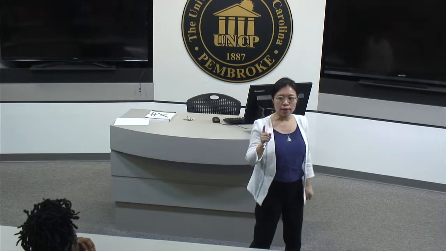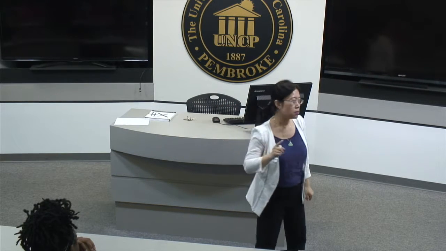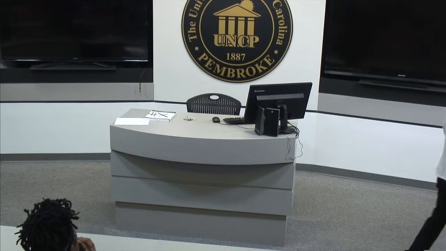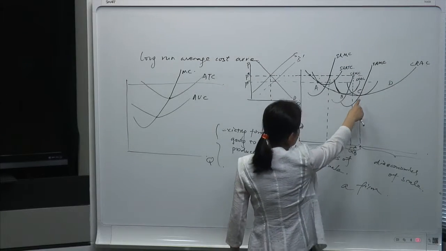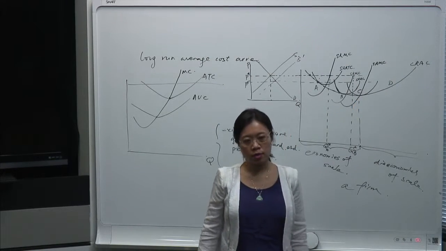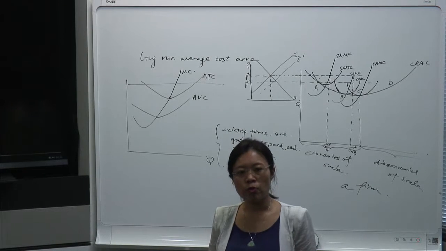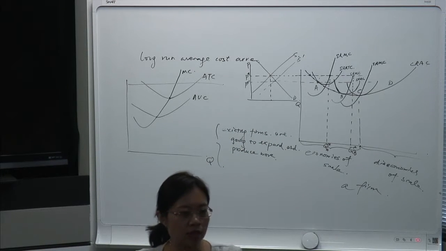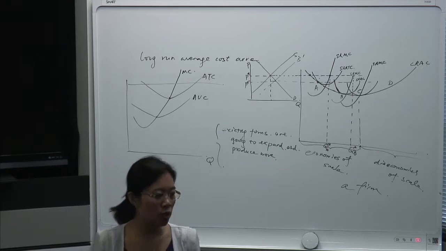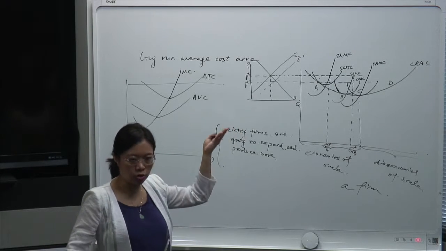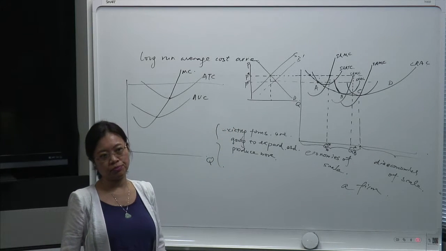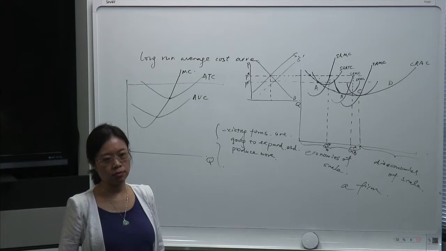But as long as the firm still has not reached this scale C, the firm will keep expanding because every time it expands, what happens? This average cost curve is going to go down based on that price.